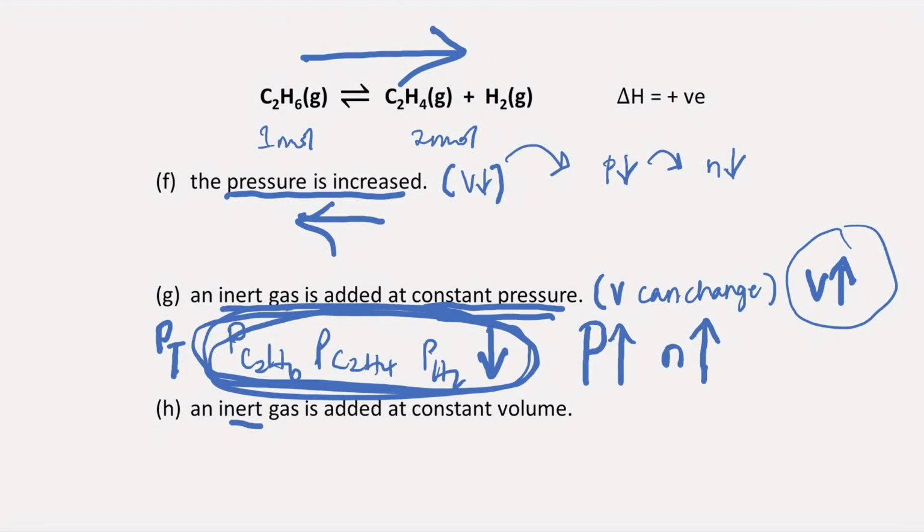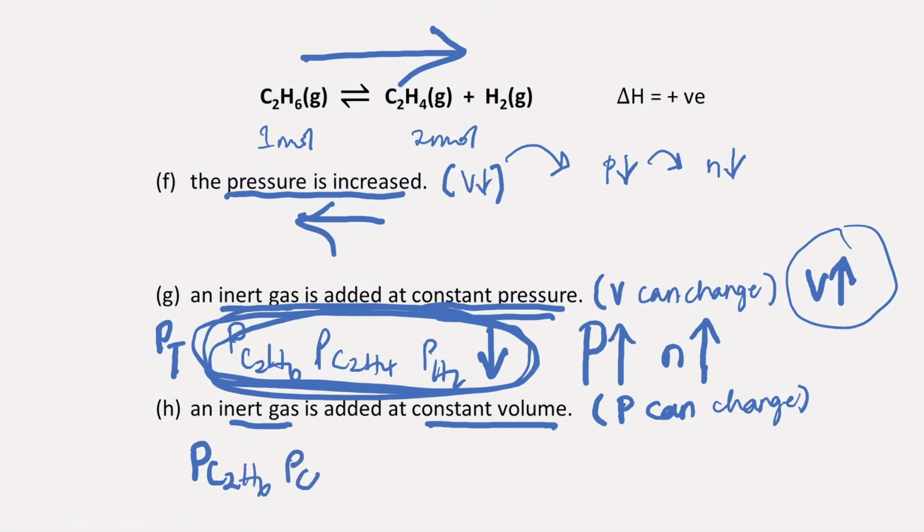Okay. When you add inert gas at constant volume pula. Constant volume. So, when you add inert gas at constant volume, that means your pressure can change. If your pressure can change, that means the partial pressure of C2H6, C2H4 and H2 remains constant.